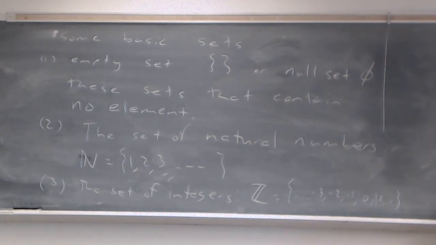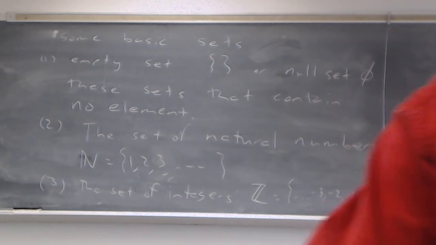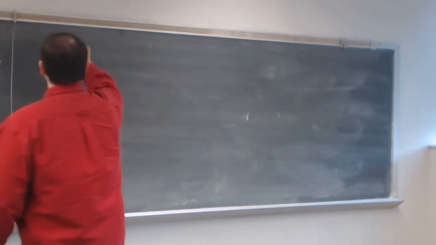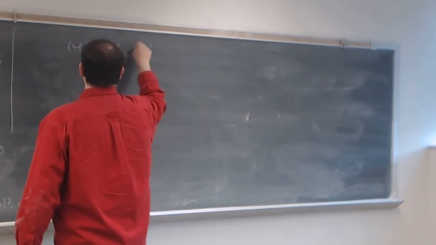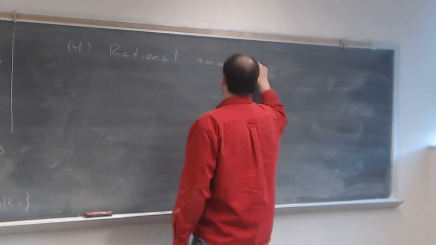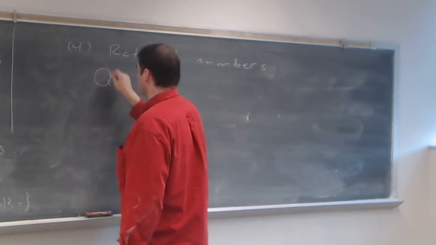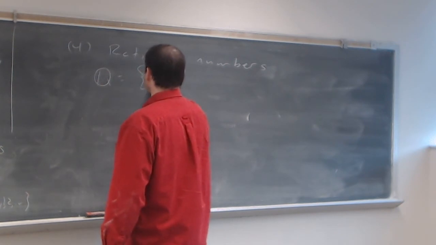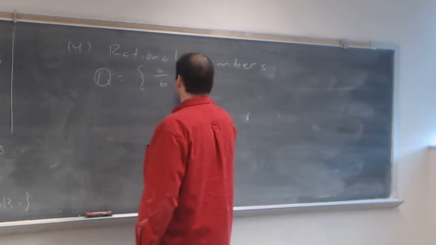Now let's do the rational numbers. They're symbolized by Q, script Q. What they're equal to is a set of fractions, A over B, such that.